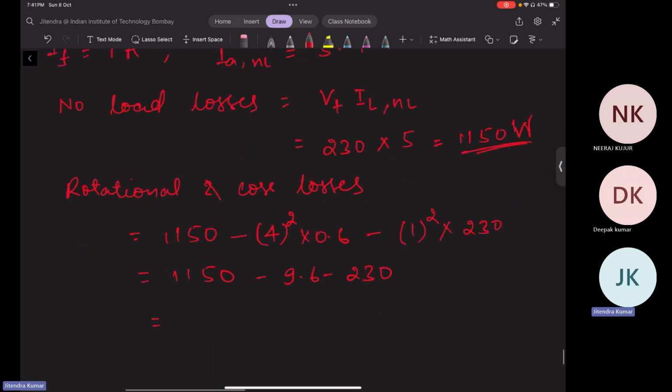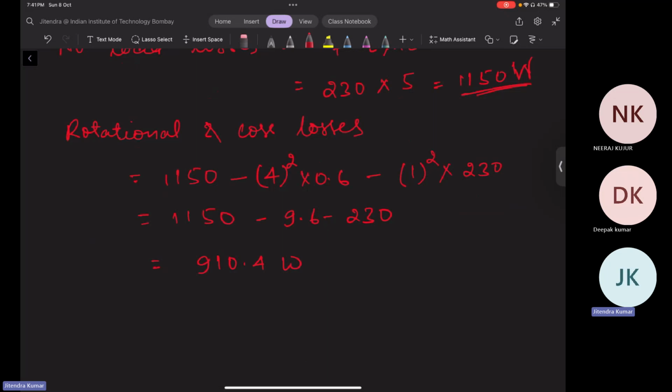So it will be 1150 minus 230 minus 9.6. It is 910.4 watt. So it is your no load rotational losses.